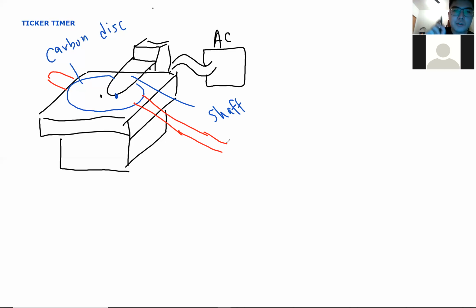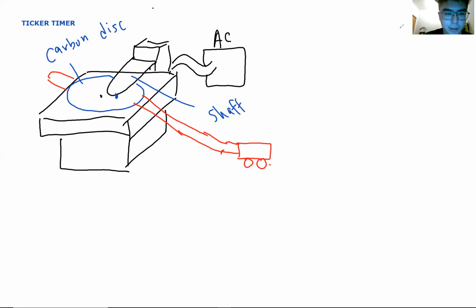All right. Now this strip of paper is attached to the trolley, to whatever that we want to study, the motion. Okay, so for example, this is my trolley. Okay, so we attach the ticker tape at the back, and then we connect it to the ticker timer. Now what happened is, if we zoom out, let's take a manual zoom.